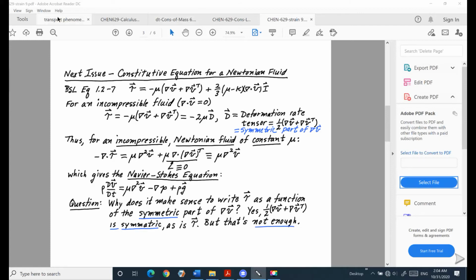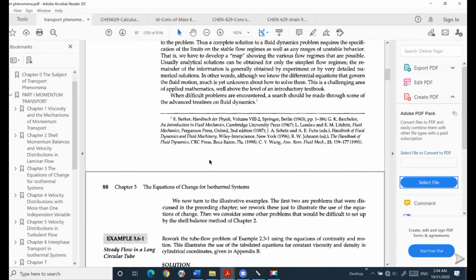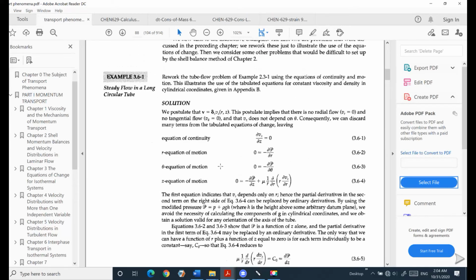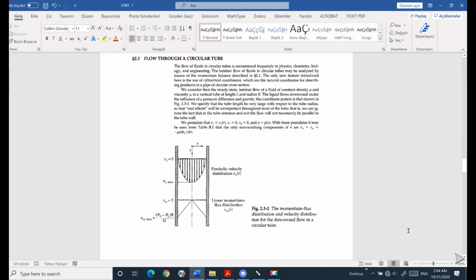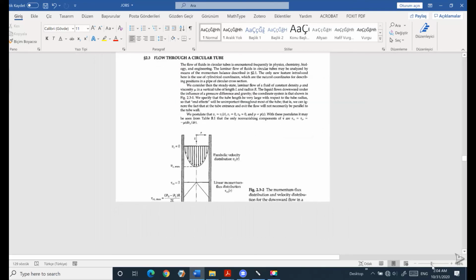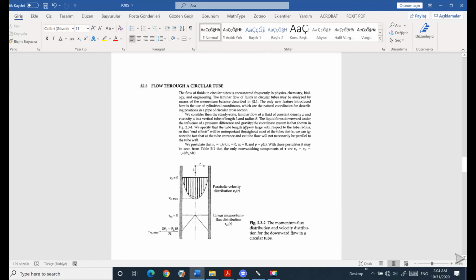So we can continue our discussion about the problem solutions in chapter 3. Okay, the example: steady flow in a long circular tube. We know chapter 2 gives this example.